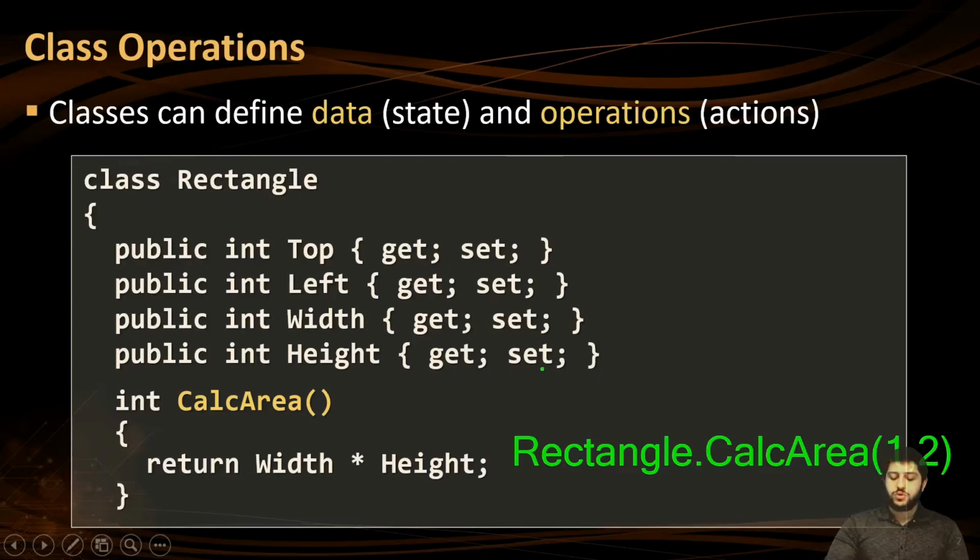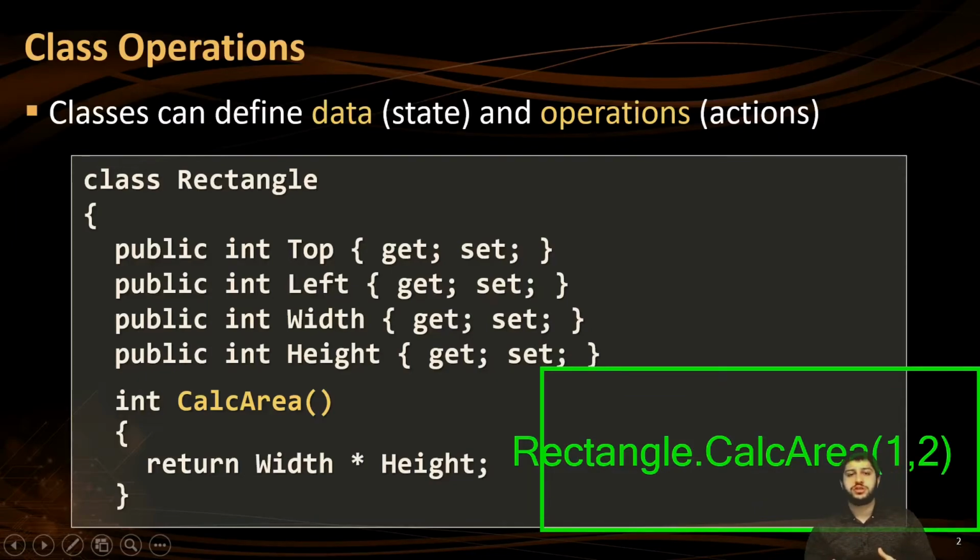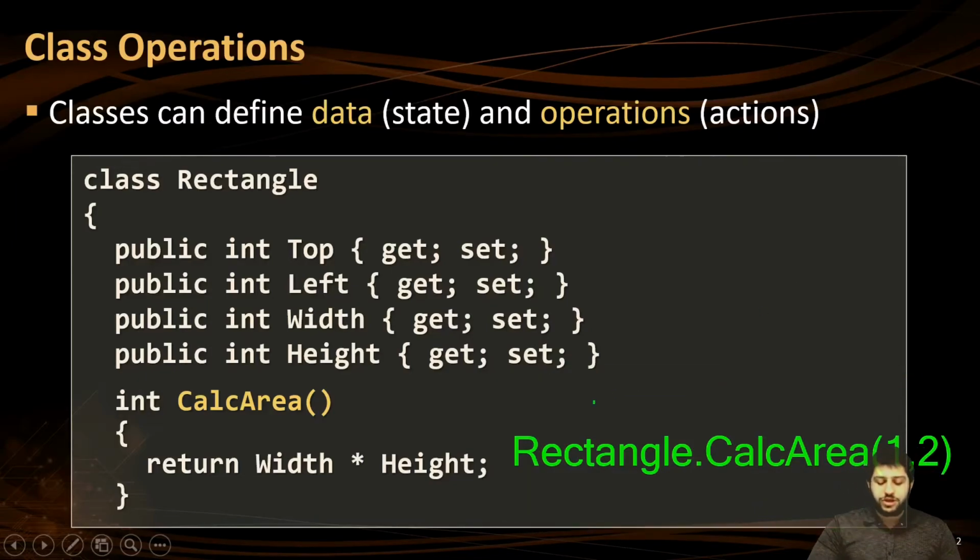So you need to pass some information inside the calc area method. Without that information, since the rectangle class itself doesn't really have any static data, each piece of data is associated to some object, we cannot really calculate the area this way.